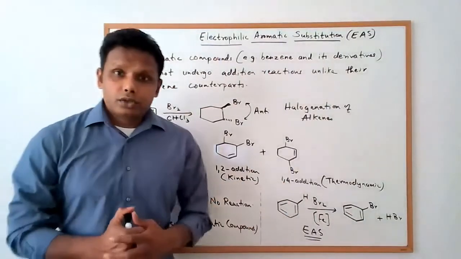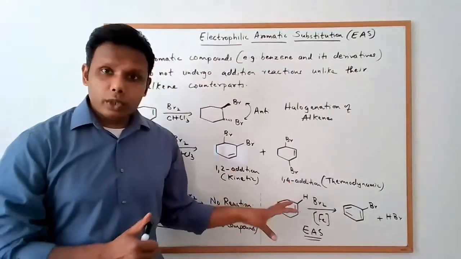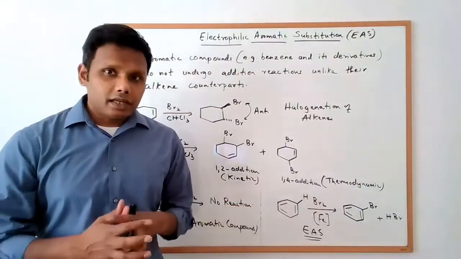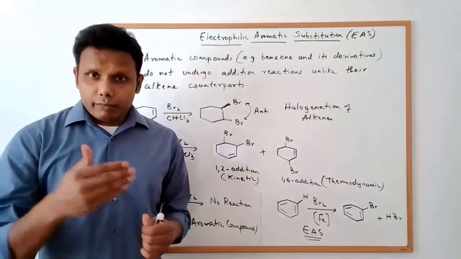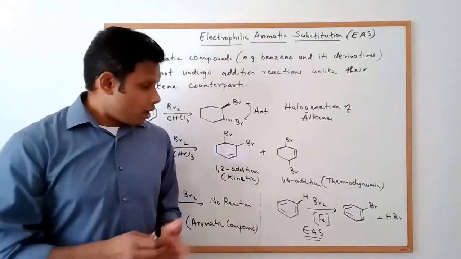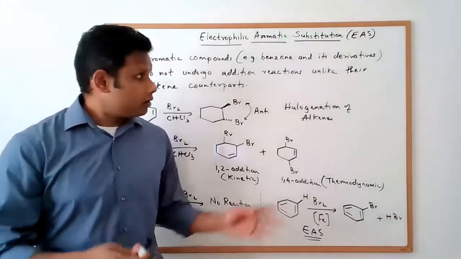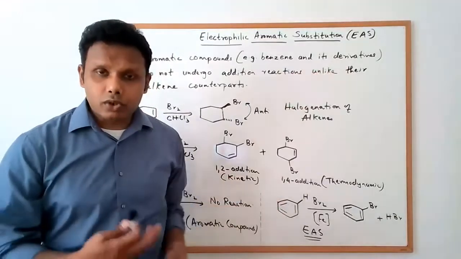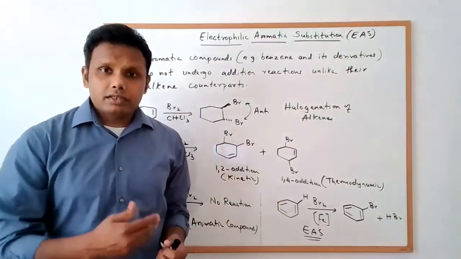In fact, to start off, we're just going to look at the reaction of benzene with a very generalized electrophile. And the mechanism that we learn can be extended to the reaction of benzene or any of its derivatives, which means if there is a substituent on benzene, that same mechanism can be extended.